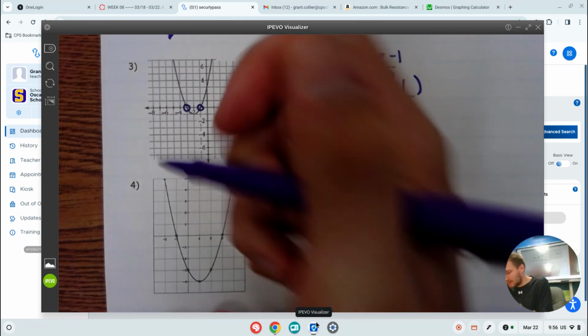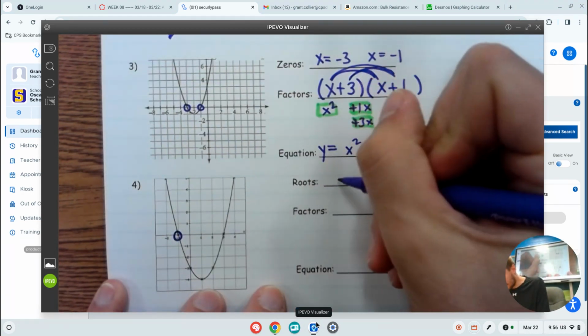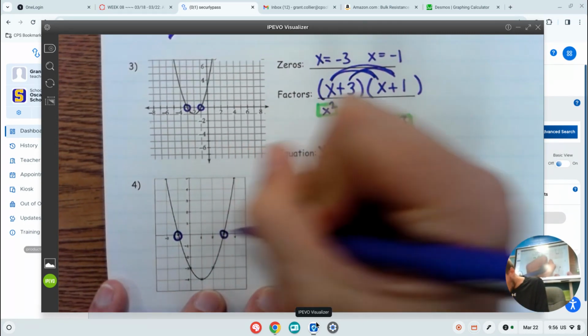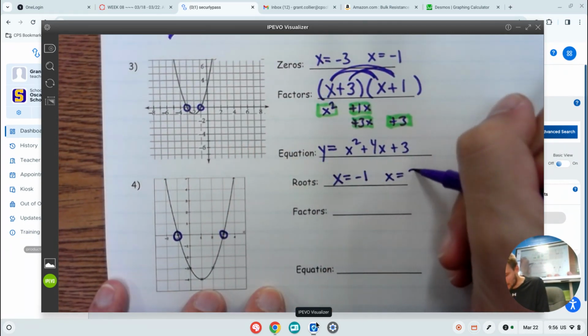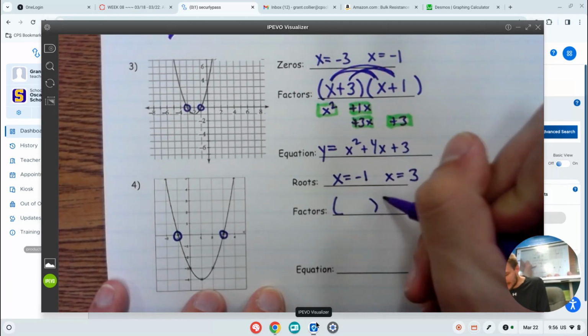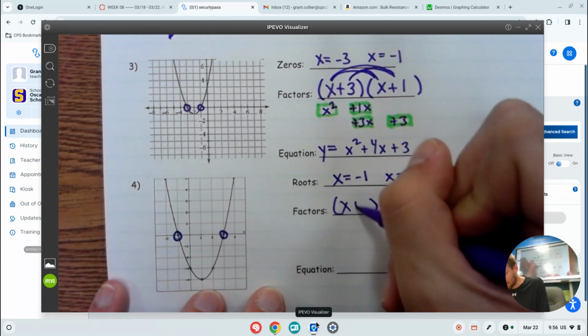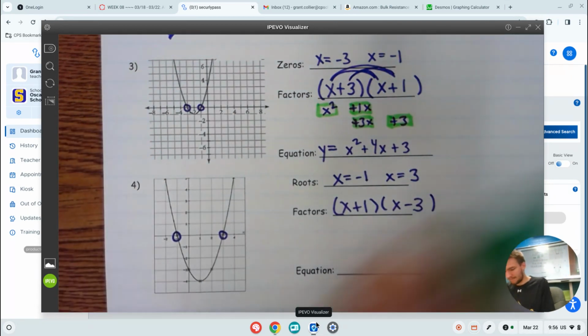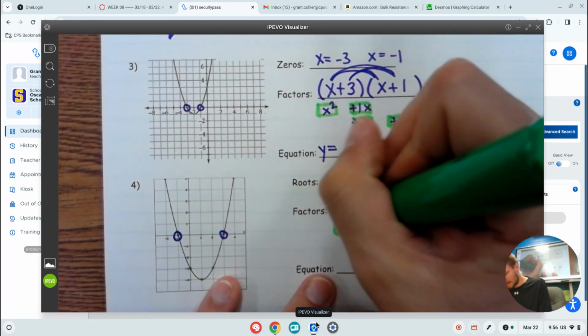Hopefully, you were able to move through this and you saw x equals -1 and x equals 3. Get those into factors, x plus 1 and x minus 3, and then FOIL them.